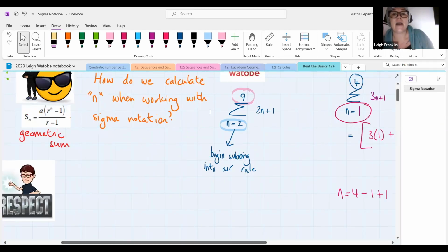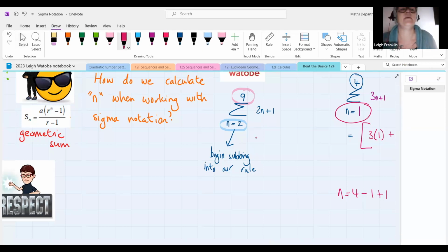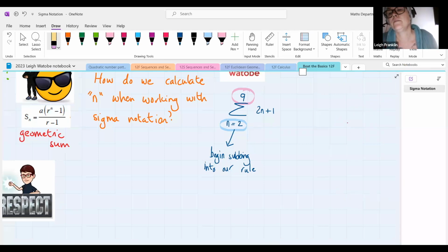So let's go back and have a look at this particular example over here. I'm talking about the one in the middle that we were talking about in the beginning. Are there 9 terms in the pattern? No. Good. There are not 9 terms in the pattern. If we subbed in 2, just count on your fingers, guys.